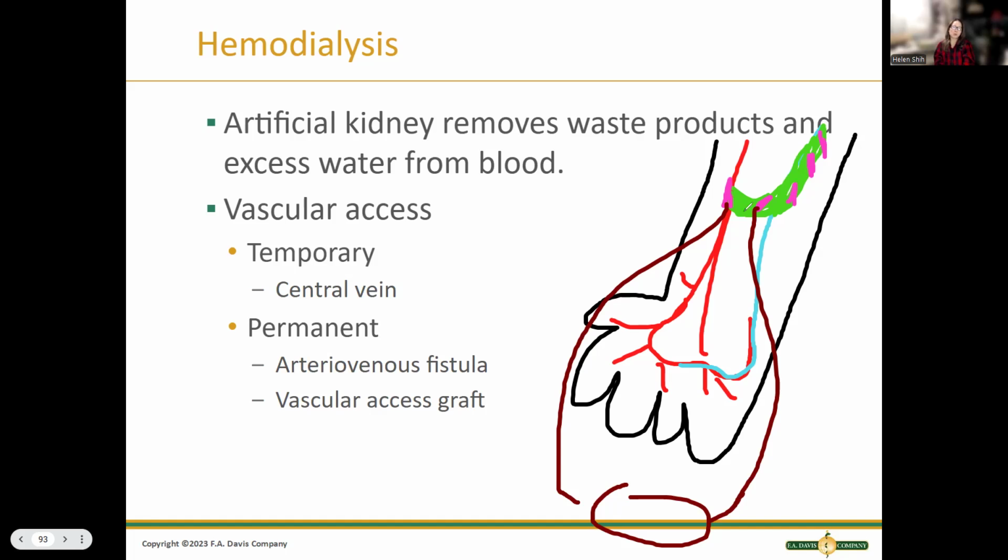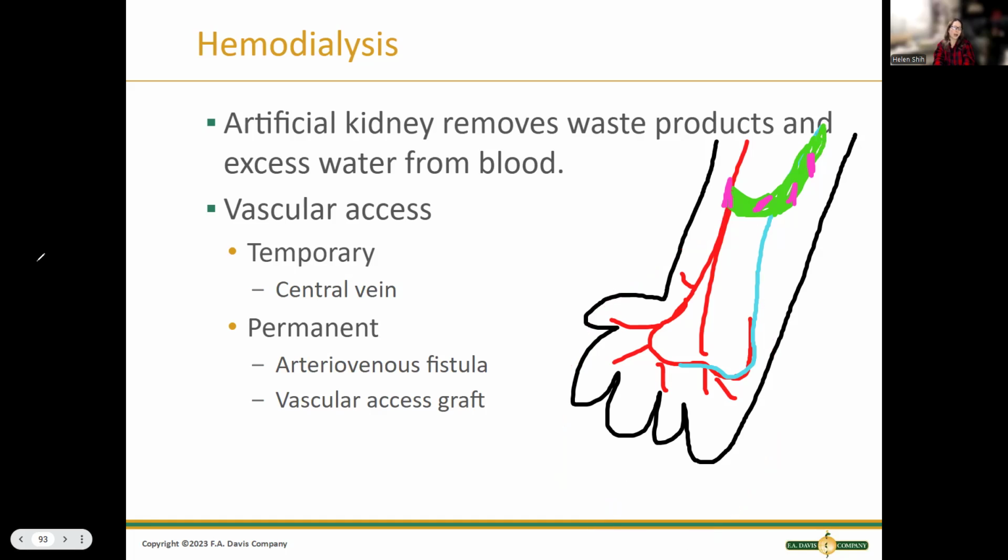But in order to do so, we need to make a connection between the artery and the vein. And remember, a fistula connects two tubes together or two spaces in the body together. Then you can have a vascular access graft, in which, instead of strengthening your veins, maybe for whatever reason your veins are not a good candidate for it.